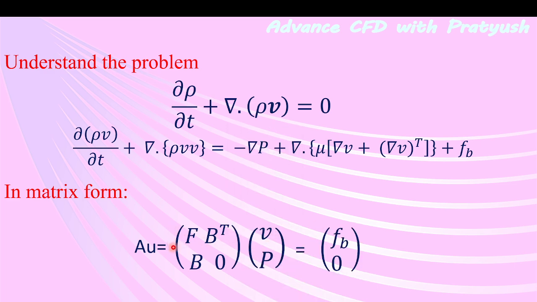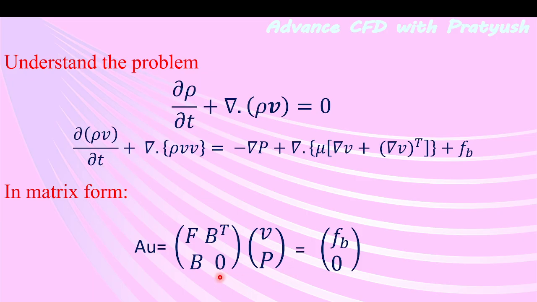if you see this momentum equation, then if you multiply F and this B transpose into the V and P, this first term is going to give you the momentum equation. And this term, B into V and P into 0 equal to 0, is going to give you the continuity equation.